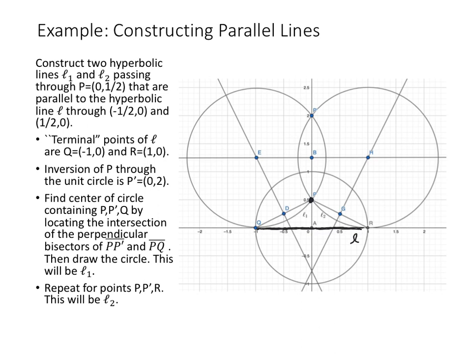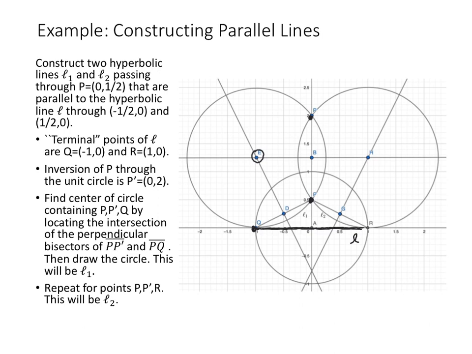So remember from the last slide, we can get one of those circles by looking at P, this terminal point Q, and P prime, which is the image of P under inversion with respect to the unit circle. Those three points, Q, P, and P prime, go together to form this circle centered at point E. So all three of those points are on that circle centered at point E.